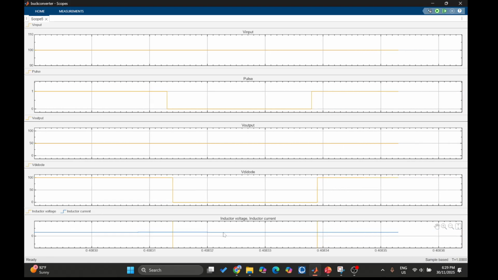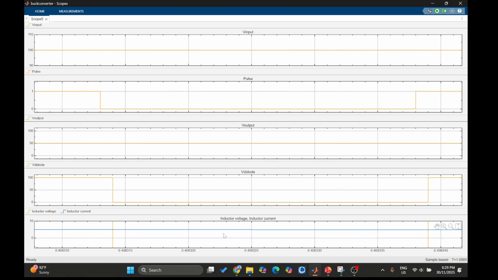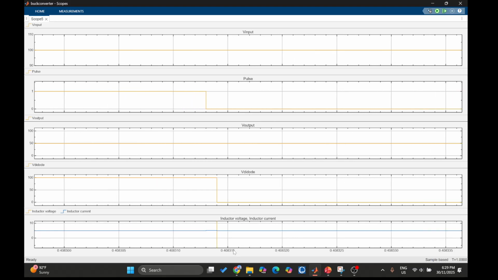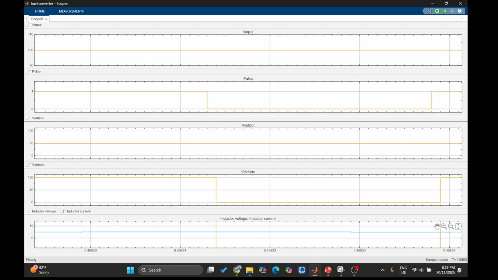This blue line is your inductor current, which is approximately 5 amps.